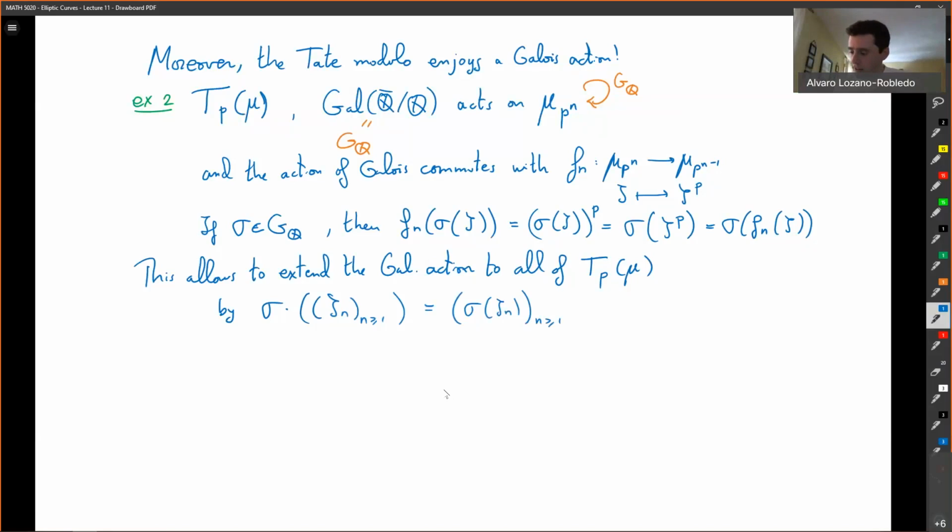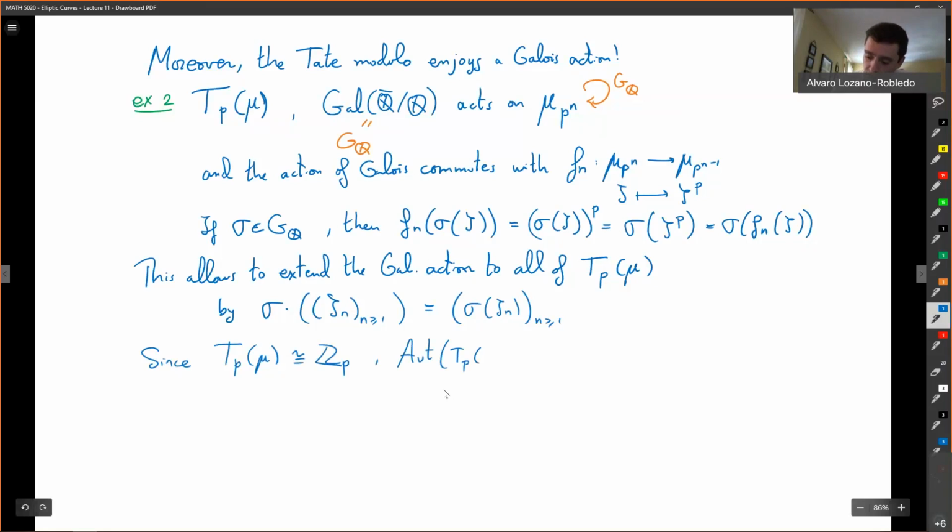Moreover, now since the Tate module, we said, is isomorphic to one copy of ZP, a rank one ZP module, then we know how to compute the automorphisms of that module. They're just going to be multiplication by a unit.